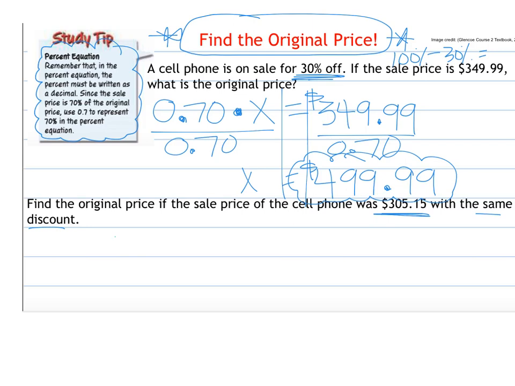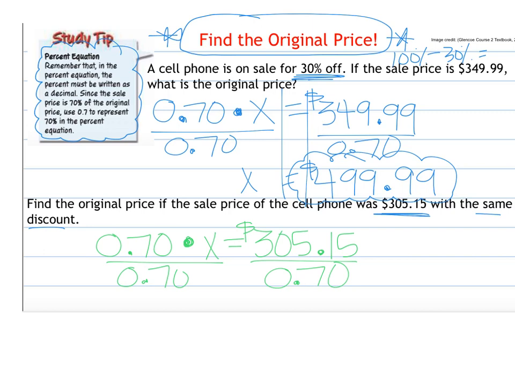So we're going to set it up very similar. Same discount, so we're going to use 70% again, because remember we're paying 70% of the phone, times X equals 305.15. Divide both sides by 0.7.